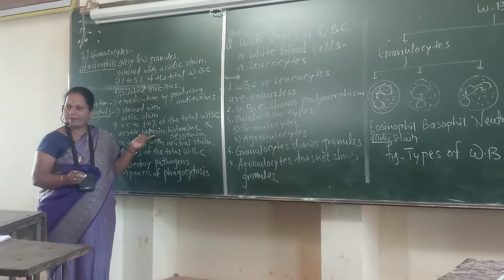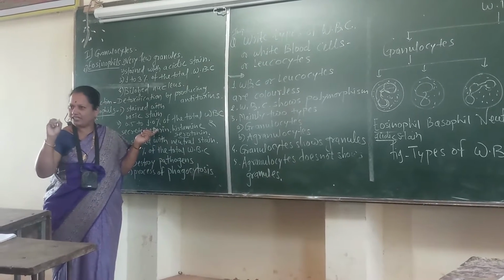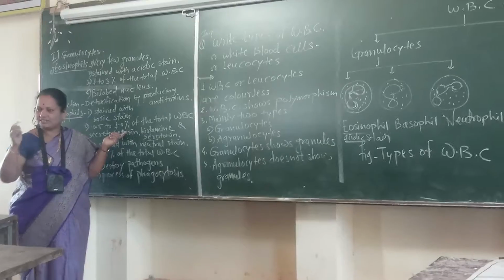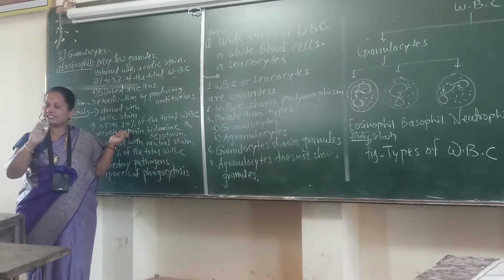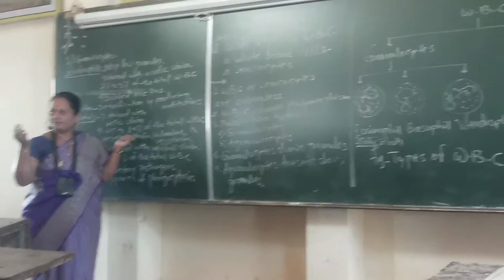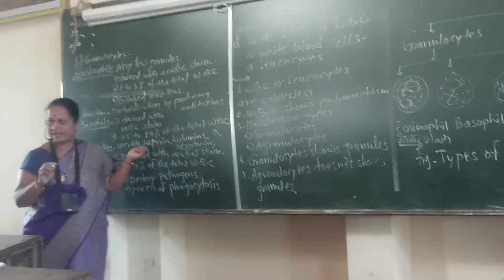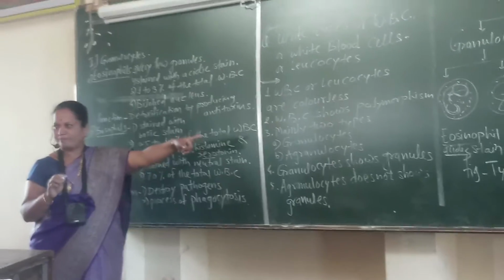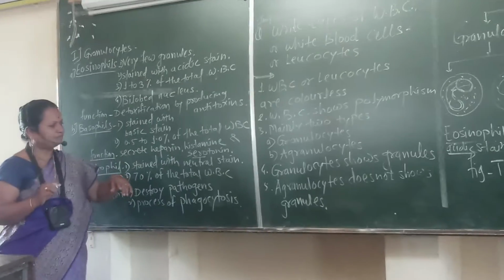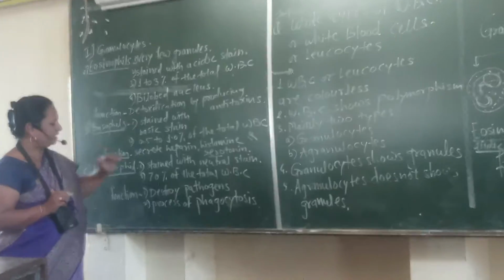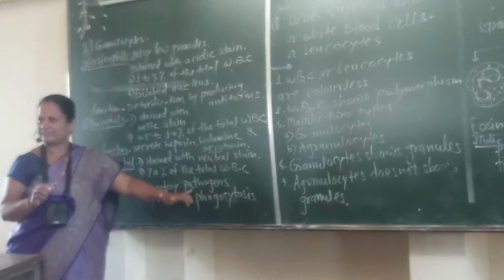What is the function of heparin? Heparin acts as an anticoagulant. That means inside our body, blood does not clot. Coagulation does not occur. Due to which chemical? Heparin, which is produced by which cell? Basophils. And the main function of neutrophil is to destroy pathogens.